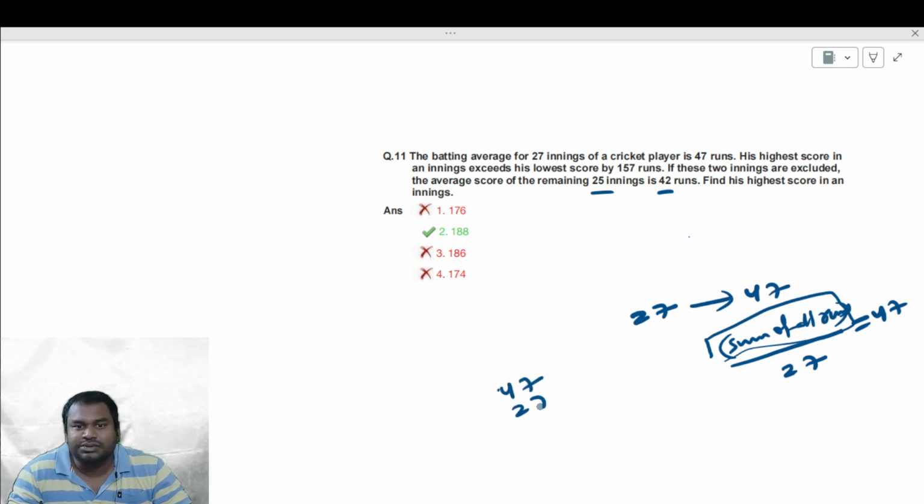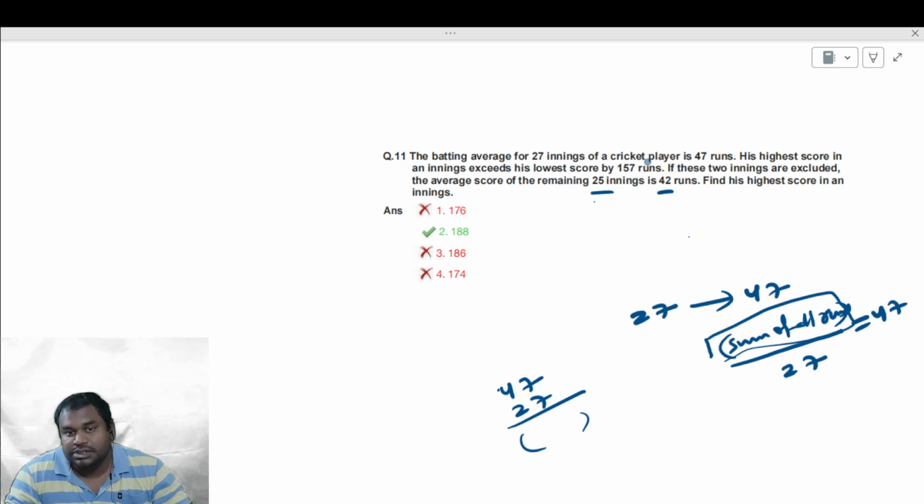That will give you the sum of all the innings. The same way, you find out the sum for 25 innings using their average as 42. So 25 into 42 will give you one more sum, but that sum excludes the lowest score and the highest.